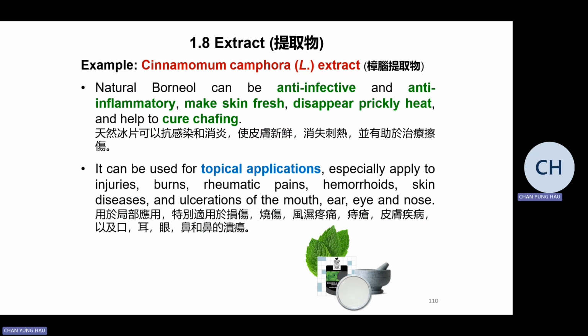The natural borneol can be anti-infective and anti-inflammatory, which can make your skin fresh. It can also remove prickly heat and help cure chafing. Mostly it is used for topical applications.